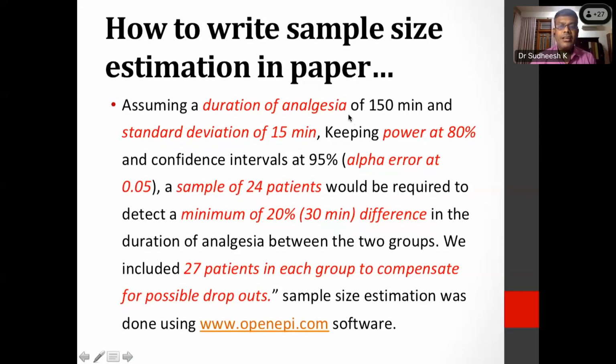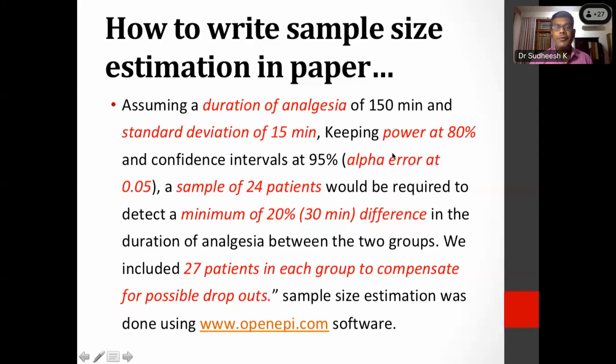So if you see here, I mentioned the primary outcome measure, and I assumed the baseline variance as well as the baseline value, and the minimum effect size I'm considering between the two groups. I've mentioned the alpha error, beta error, then the variance and the primary outcome measure, and also quantified the primary outcome measure in the form of 150 minutes.